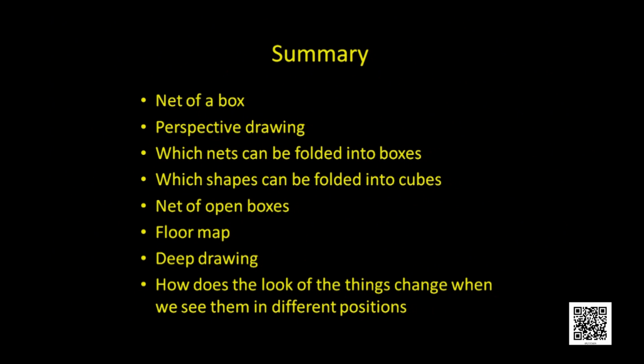Similarly, we learned which shapes can be folded into cubes or not. Then we discussed the net of open boxes. Then we learned what a floor map is. Then we also discussed what depth drawing is. Then we discussed how the look of things changes when we see them in different positions. Thank you, children.